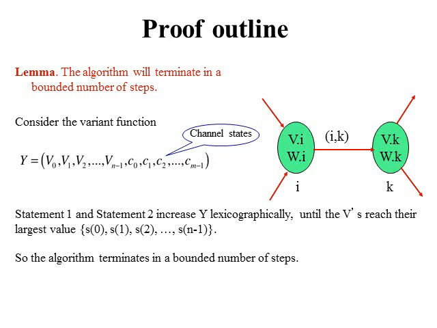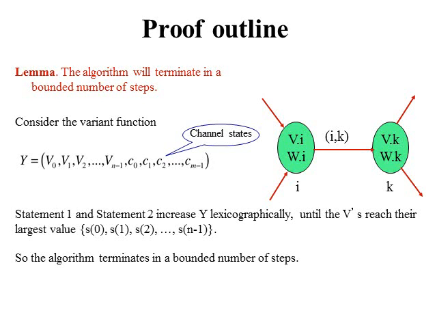In order to show this, let's consider a variant function Y, which consists of all the sets V0, V1, and so on till Vn minus 1 associated with each of the processes 0, 1, 2, and so on till n minus 1. And then it also consists of all the channel states of all the m channels in the network.